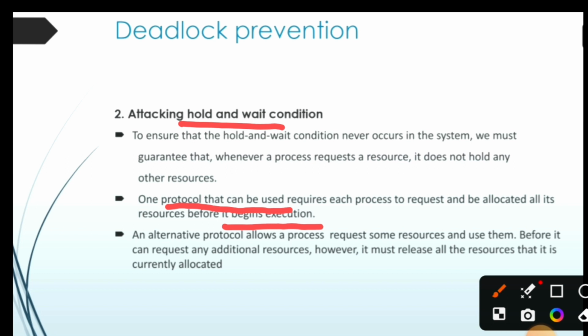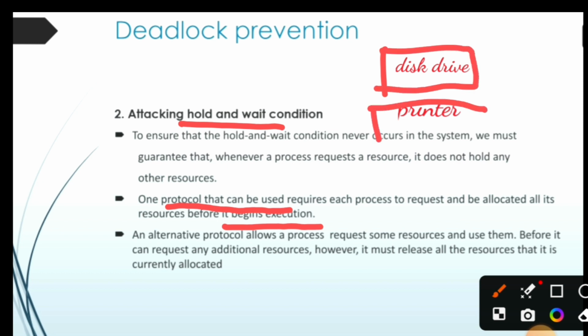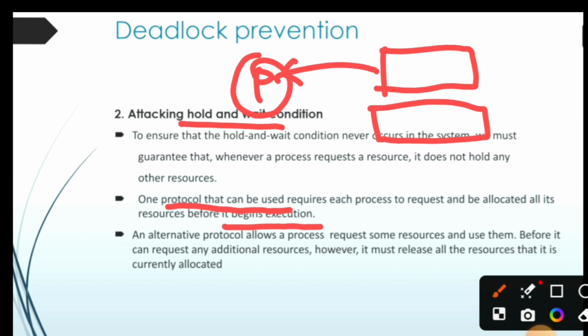Only after it gets all the resources will it begin its execution. For example, say a process requires the disk drive and the printer. Instead of requesting them separately, it will request them together before execution. That is one protocol.